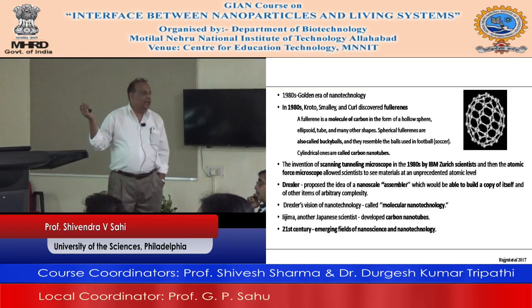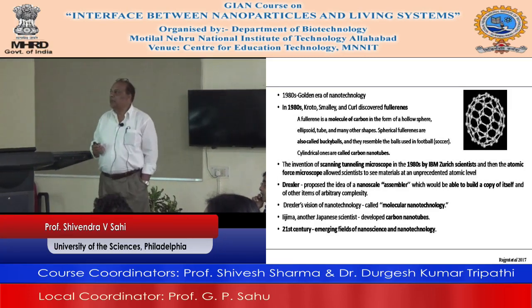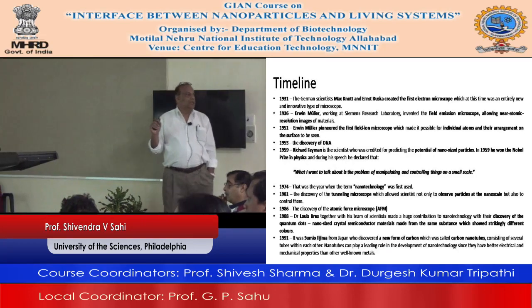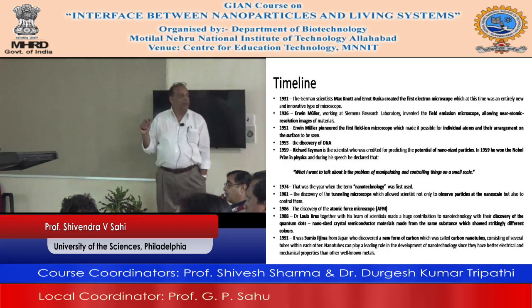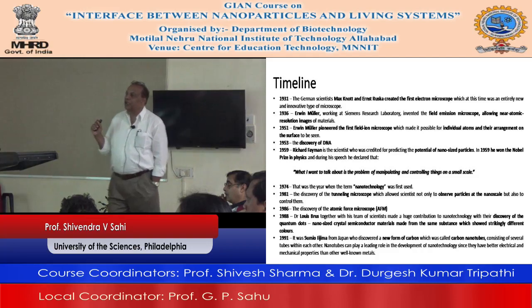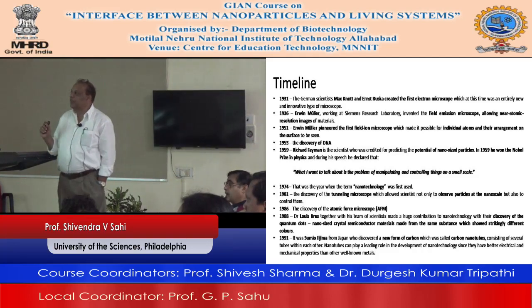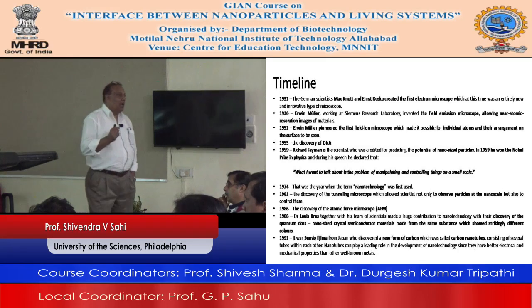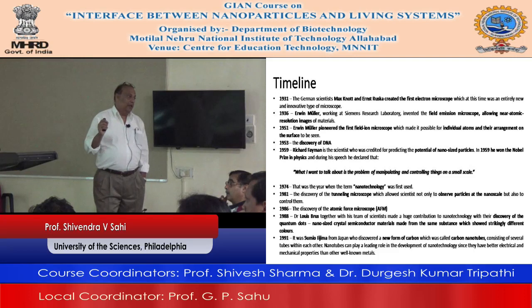1959, again, same Richard Feynman, on the potential of nano-sized particles, that we start looking from bottom to up, and of course he was given the Nobel Prize. He gave a lecture: what I want to talk about is the problem of manipulating and controlling things on a small scale.